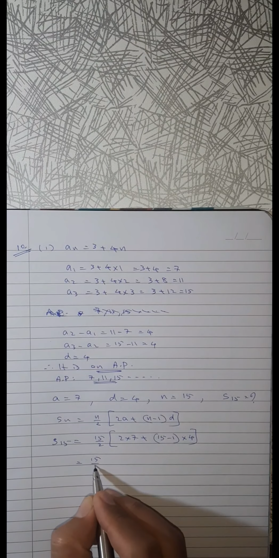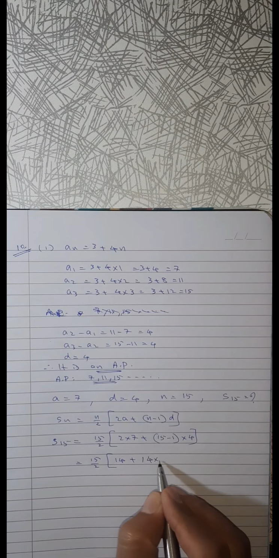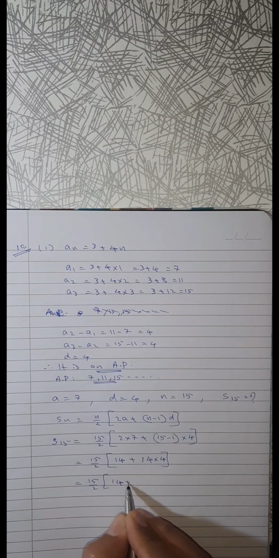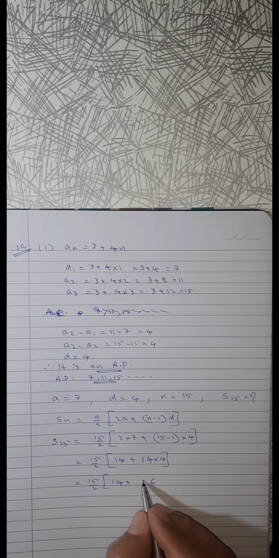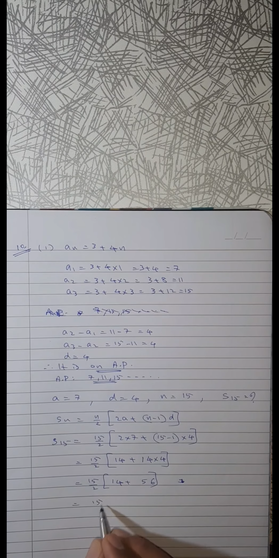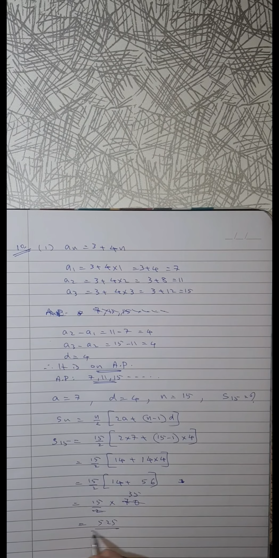That is 15 by 2 into 2 sevens are 14 plus 14 into 4, 15 by 2 into 14 plus 56, that is 15 by 2 into 70. 35 into 15. 15 into 35 is 525. That is the answer.